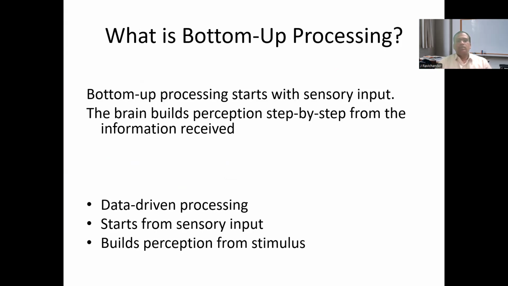What is bottom-up processing? Bottom-up processing starts with sensory input, and the brain builds perception step by step from the information received. The examples are data-driven processing, which starts from sensory input and builds perception from the stimulus.